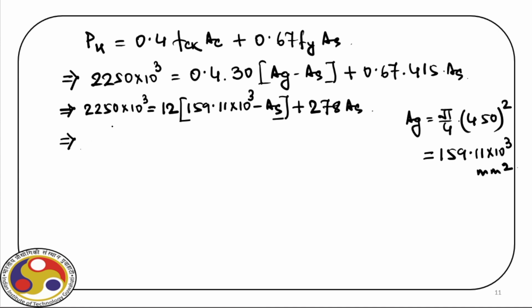Therefore, we have 2250 minus 1908 into 10 to the power 3.